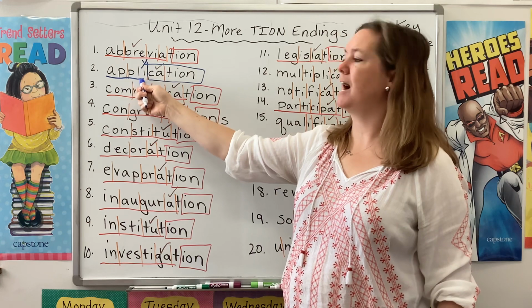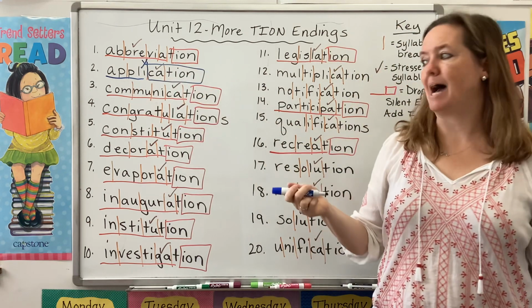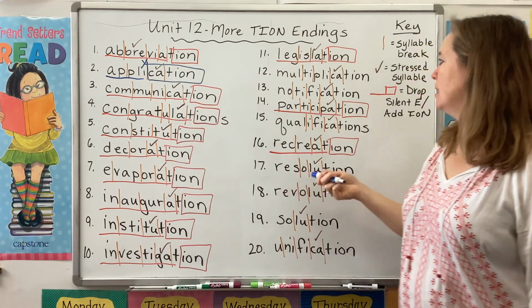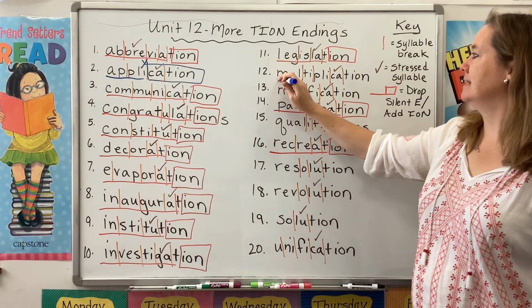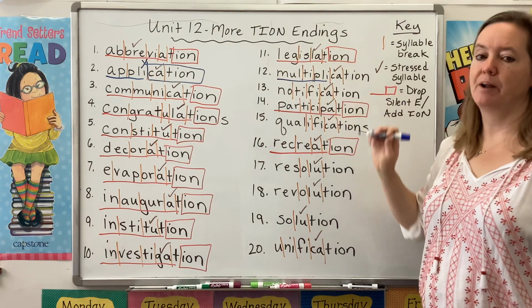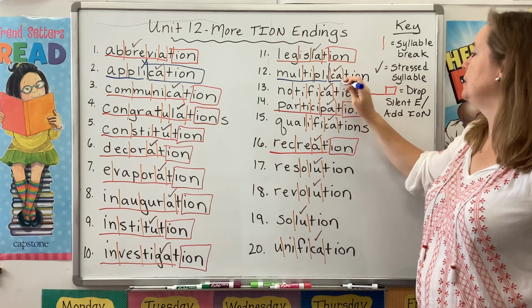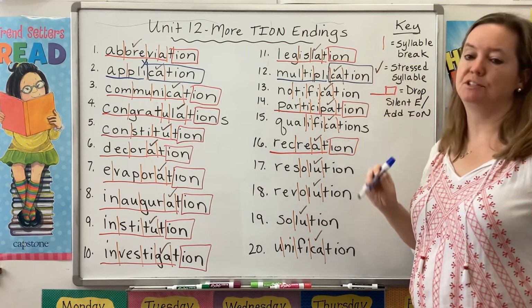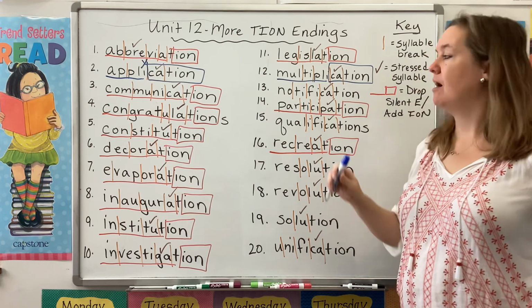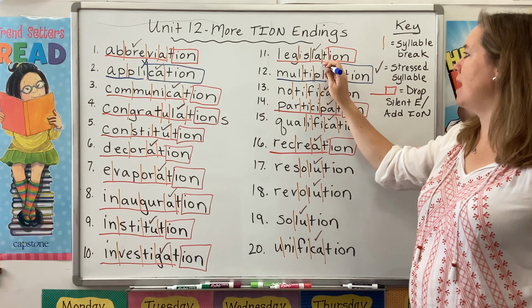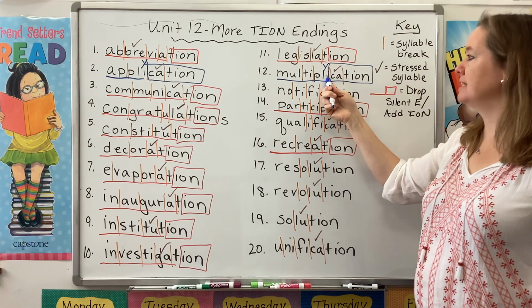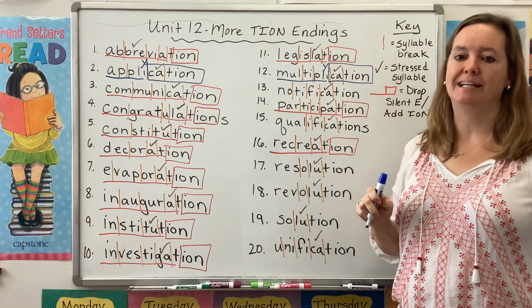So apply becomes application. Multiply, right? When you multiply numbers, you are practicing multiplication. Again, we're taking that Y, we're changing it to I, we're adding cation.